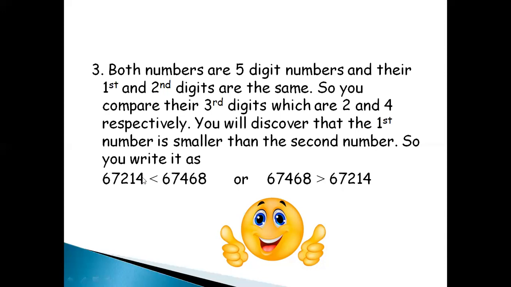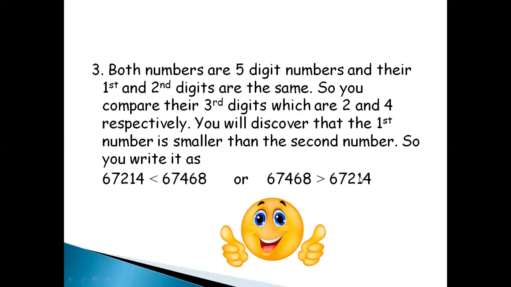So I'm comparing 2 and 4. 2 is less than 4. So that means this number is less than this number. So I'm going to write it as 67214 is less than 67468.